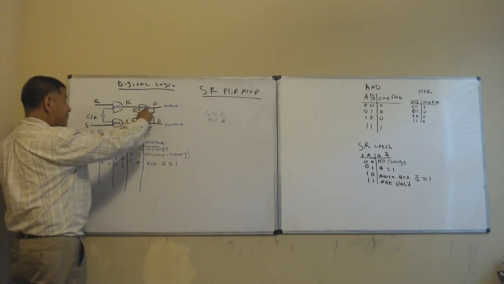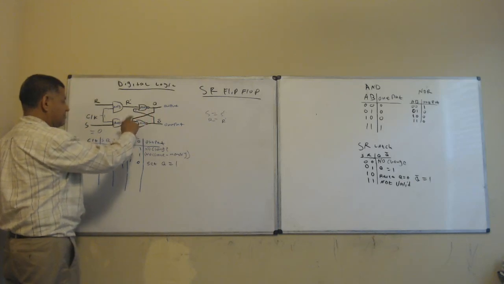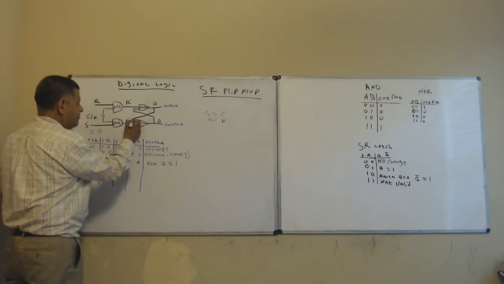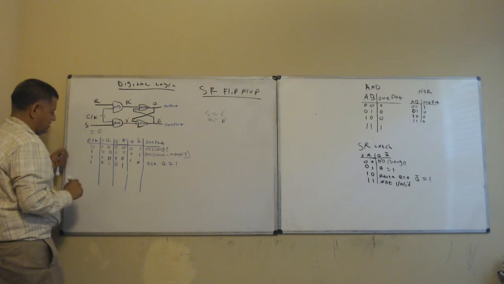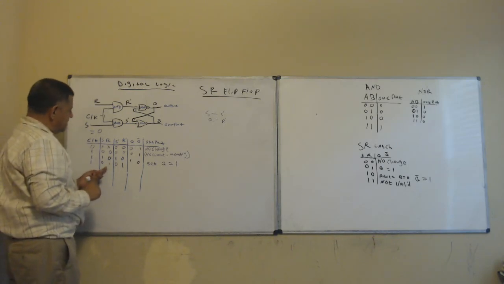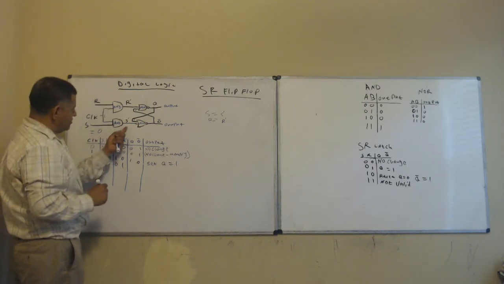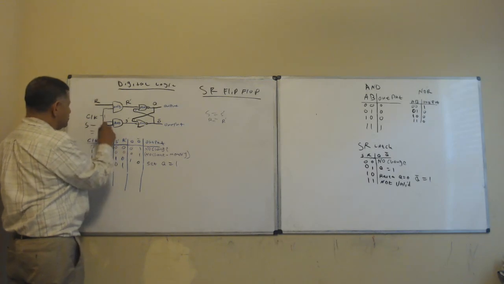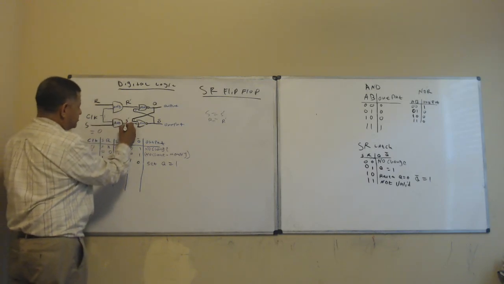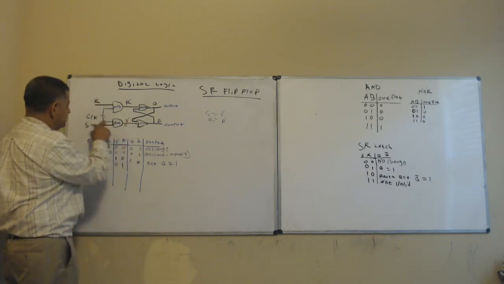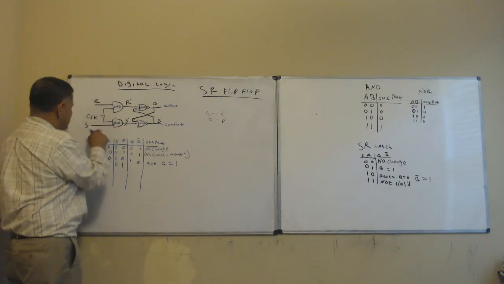We set this to 0, and this is going to be 0 right here because it's an AND gate. We have a 1 over there, but then we set this equal to 0.